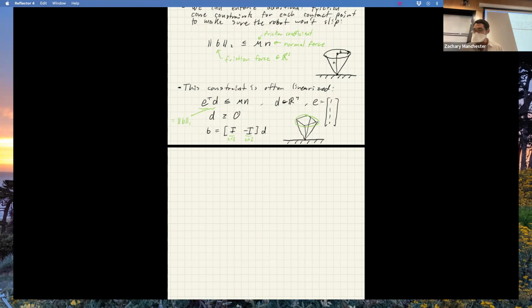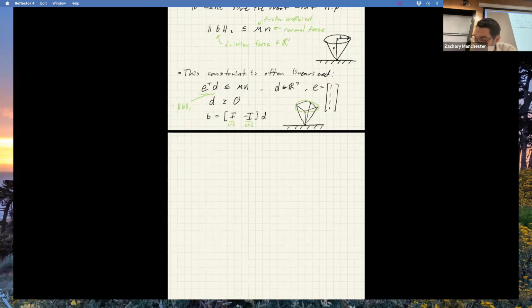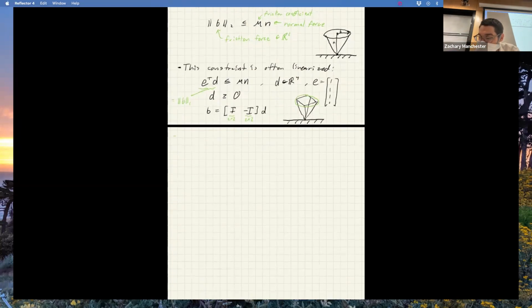Okay, so I will now write down exactly what I just said in words several times. So yeah, friction pyramid, easy to do with QP.